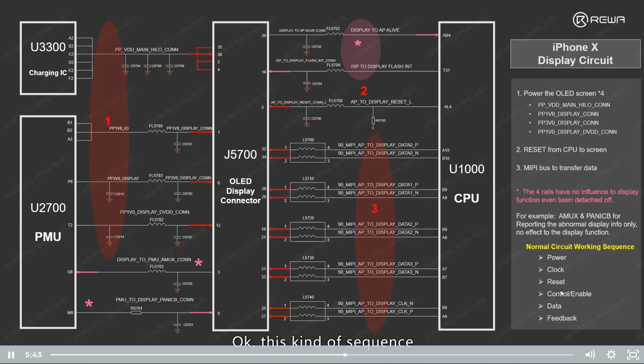Okay, I think this kind of sequence is designed based on human behavior. So to make this sequence easy to remember, I will share some ideas. For example, we can treat the circuit as a person.